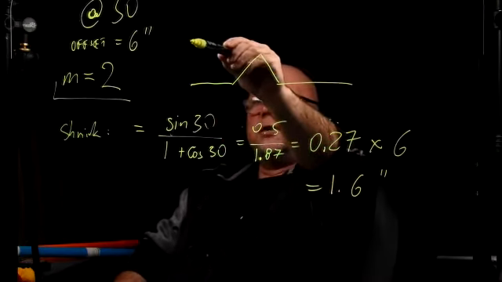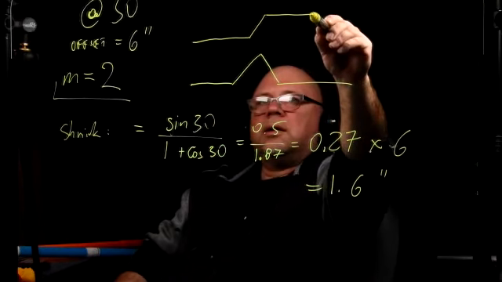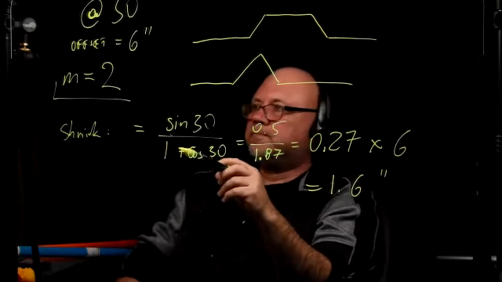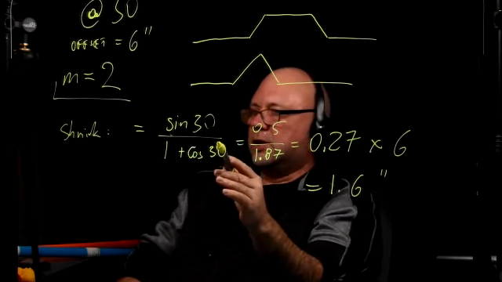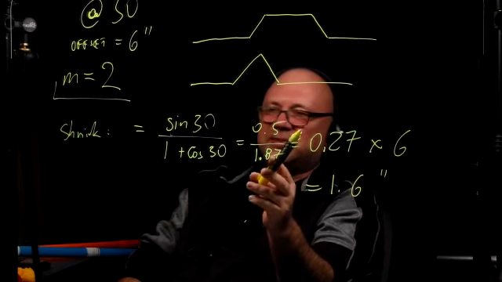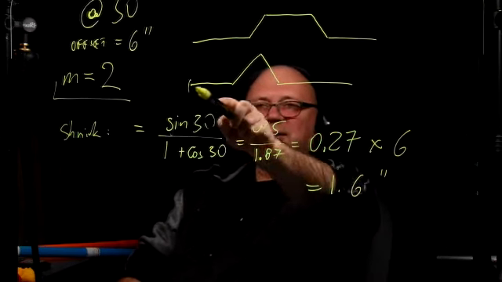And how is that going to apply to a 4-point saddle? Based on this information that I gave you, can you calculate the shrink?